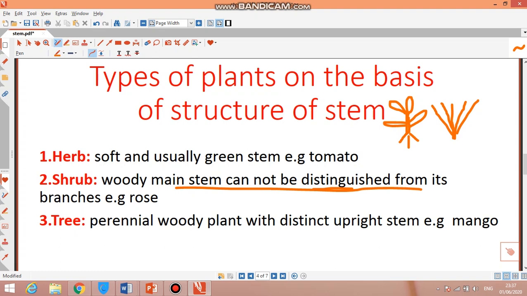So you can see very clearly in this diagram that there is no main stem. For example, either this one is the main stem, or this one, or this one?